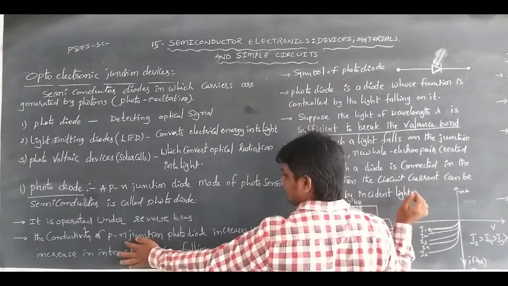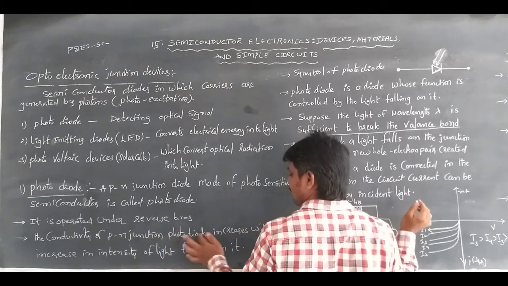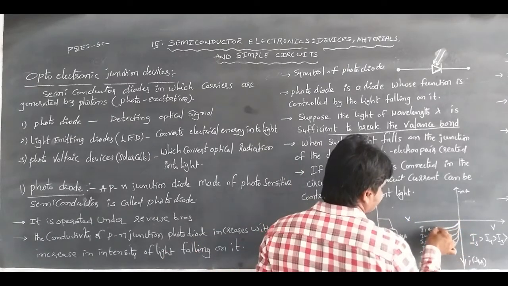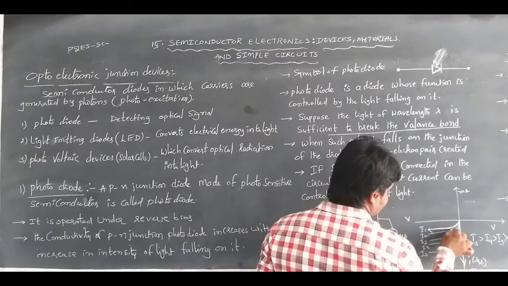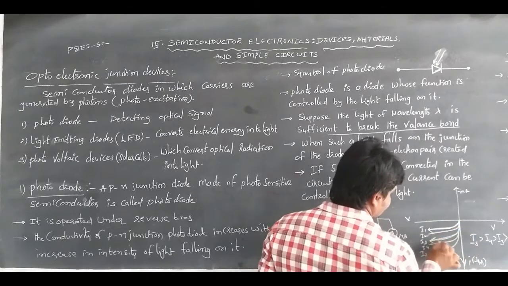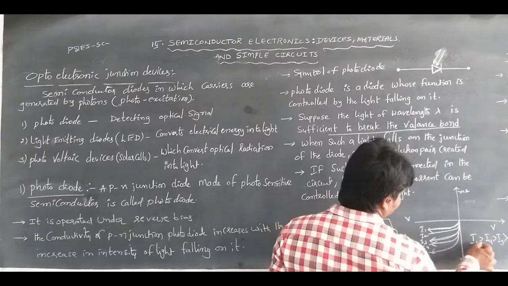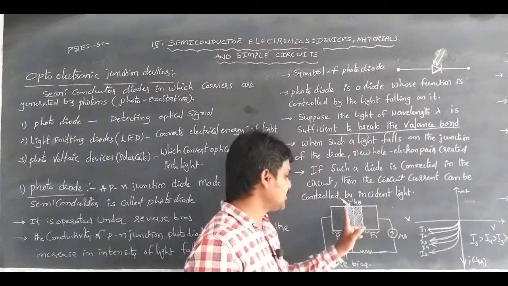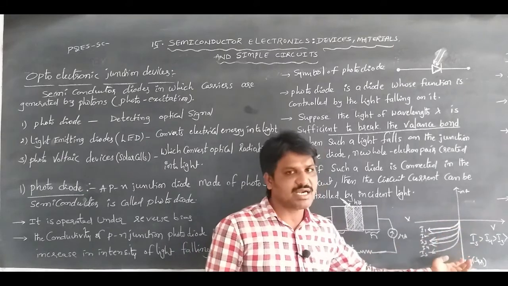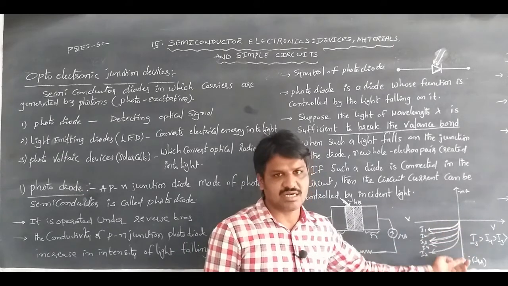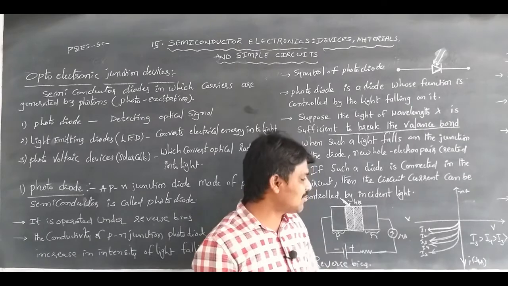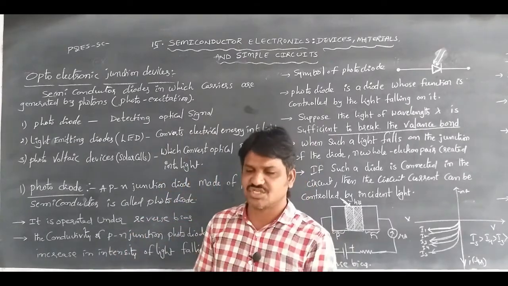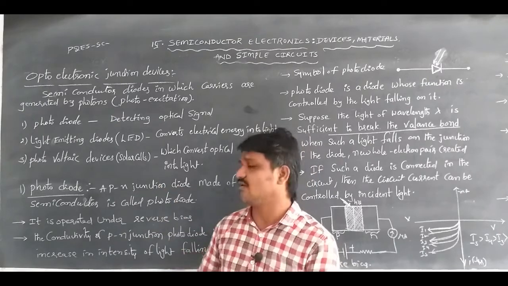The conductivity of the PN junction photodiode increases whenever more light is incident on it, like I5 greater than I4 greater than I3 greater than I2 greater than I1. If more light is incident on this material, there will be more conductivity, meaning more current. So this is one of the optoelectronic junction devices, the photodiode.